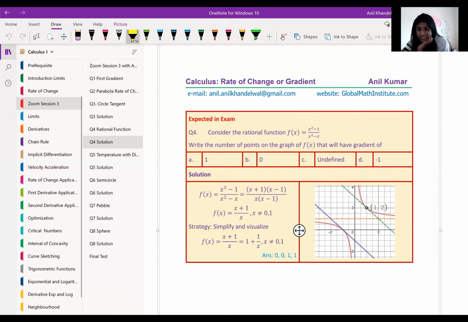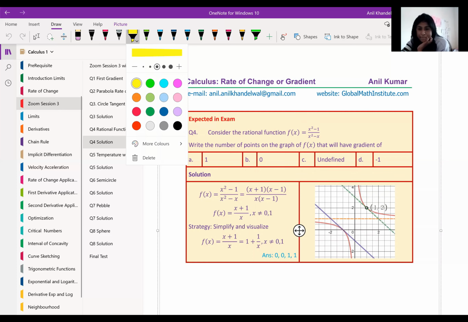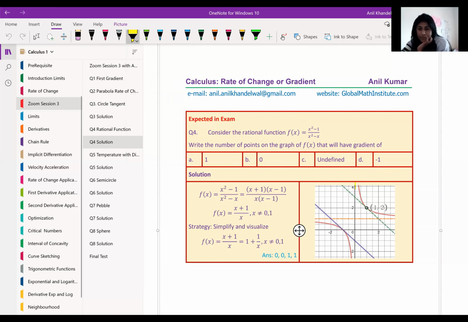So is it undefined? On the vertical asymptote, we have undefined gradient because that point is not actually in the domain. Right, that is not actually in the domain, but when you say write the number of points on the graph of f of x that will have a gradient of undefined, there is actually no point at all, since this part is not on the graph of f of x.